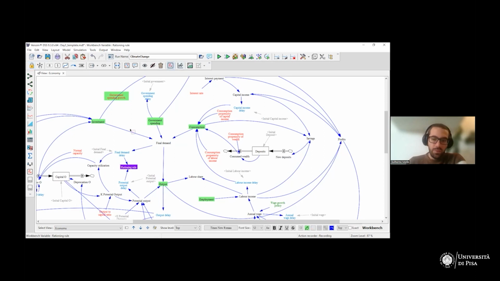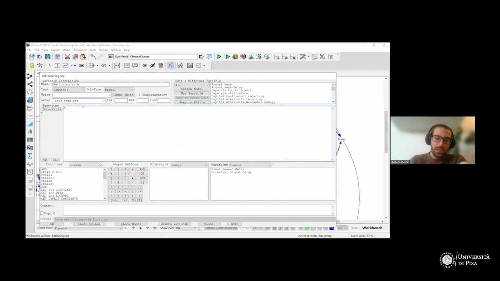Then I can open the rationing rule, and I can say this is the minimum between. So this will multiply the variables, so we can reason in these terms. When potential output is greater than final demand, then I don't need the rationing rule, right?